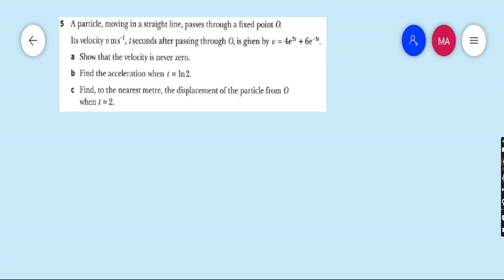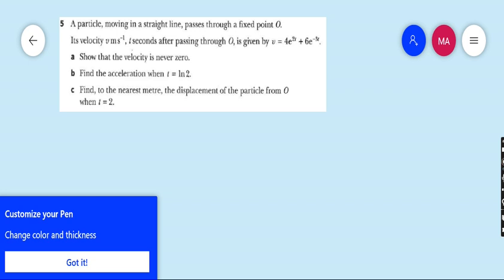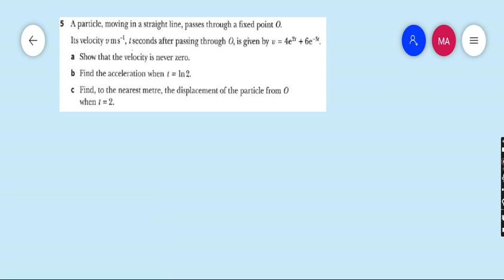A particle moving in a straight line passes through a fixed point O. Its velocity v meters per second after passing through O is given by v equals 4e^(2t) plus 6e^(-3t).